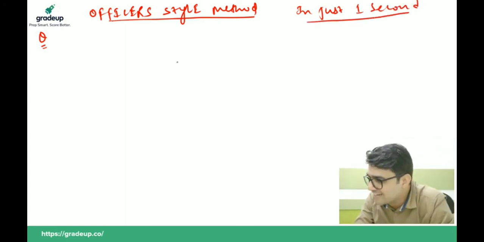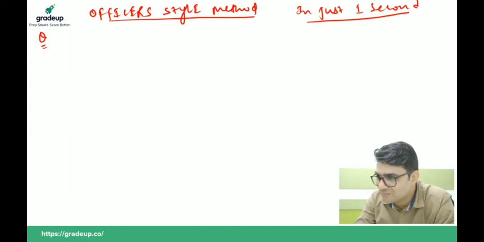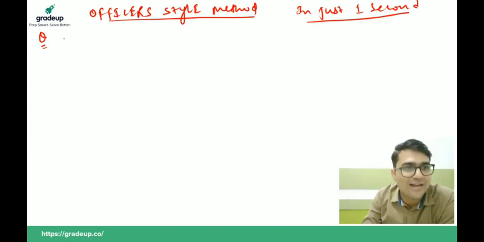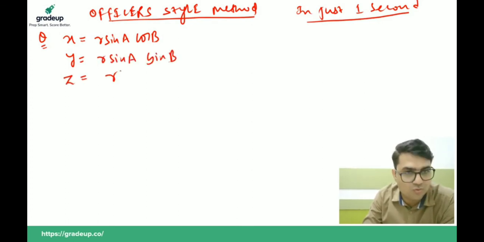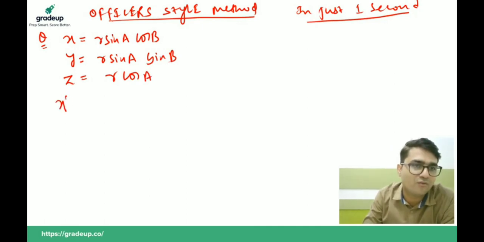All right. Now, I'm just writing the question again. x is equal to r sine A cos B, y is equal to r sine A sine B, z is equal to r cos A. We have to find the value of x square plus y square plus z square.